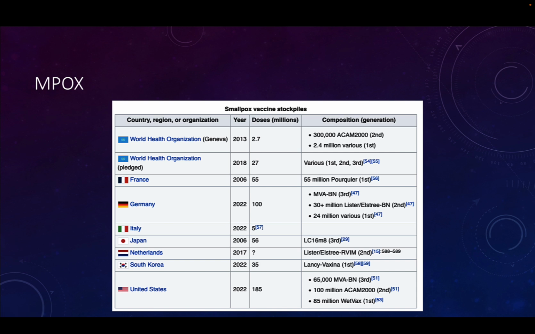So there are a lot of vaccines available out there. It took a little bit for the FDA and other regulatory agencies to recommend vaccinating people against Mpox because we were tapping into our smallpox stockpile. But those vaccines can also be resynthesized.